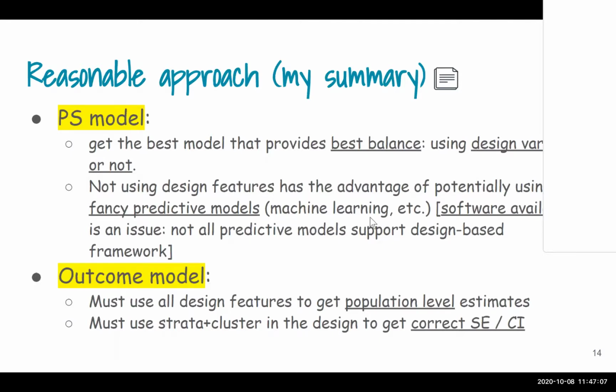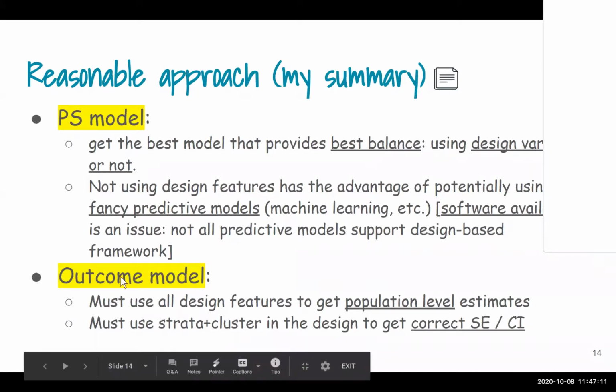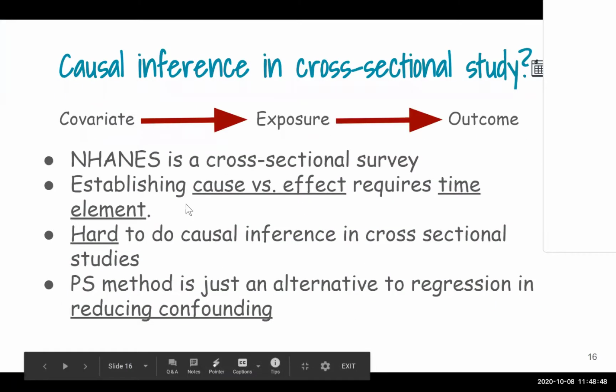We can use many fancy methods here. But in the outcome model, we must include all of the design features to get the population level estimate. Even if you are getting the sample level estimates, you must include the strata and cluster. There are no exceptions.